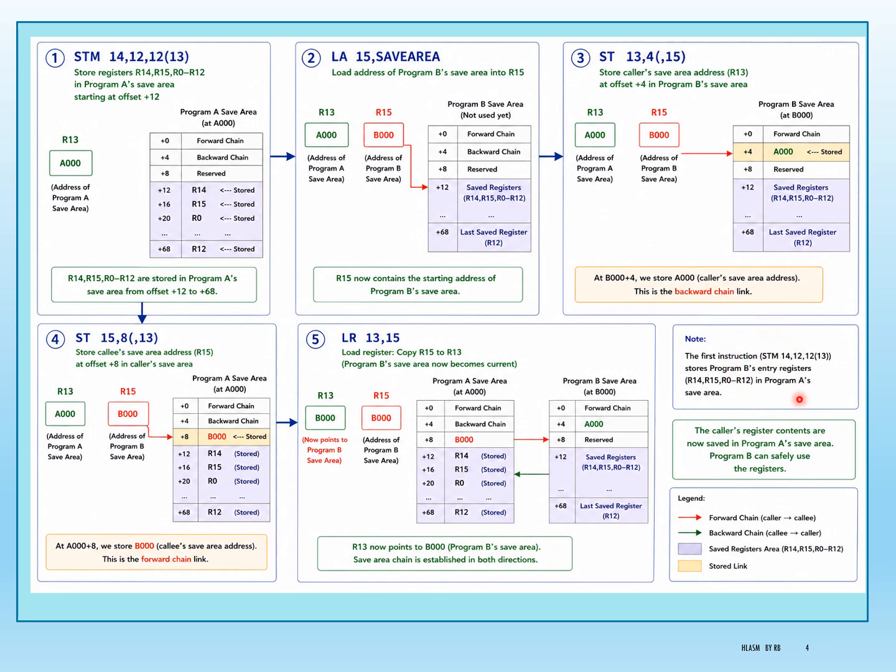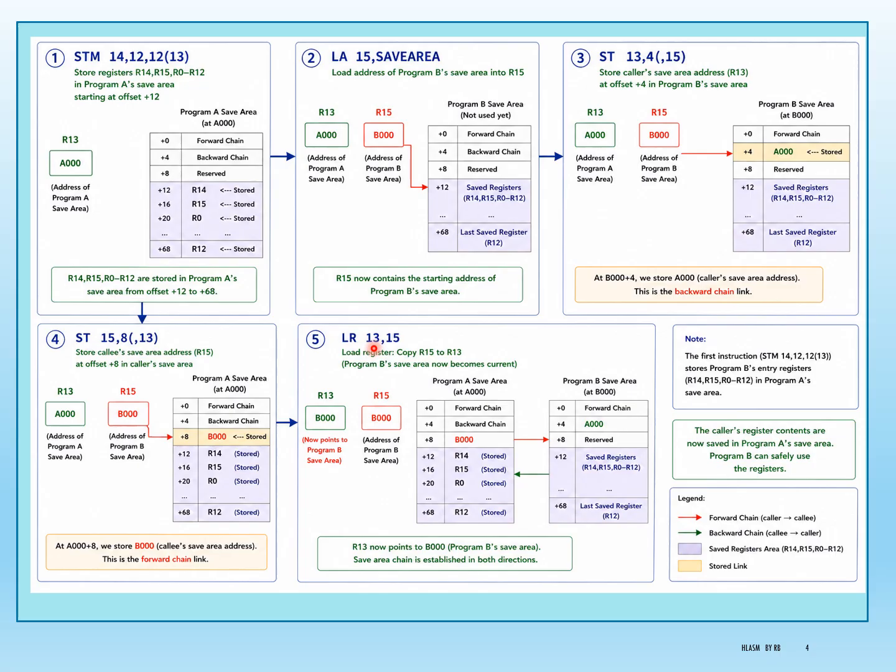So the first instruction is storing the program B's entry registers in program A's save area. So at the time of getting into here, whatever the data is in the registers, we are saving it here. The caller's register contents are now saved in program A's save area, and program B can safely use the registers. Now why are we doing all this? Because as I said, there is only one set of registers.